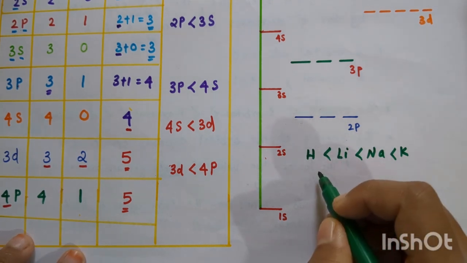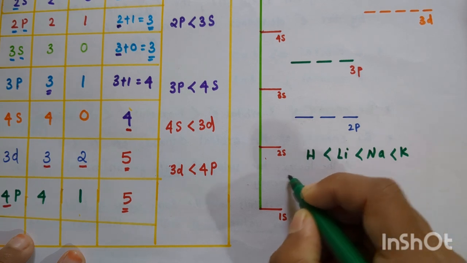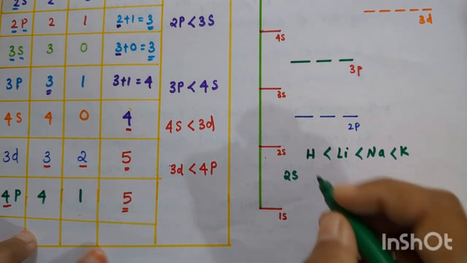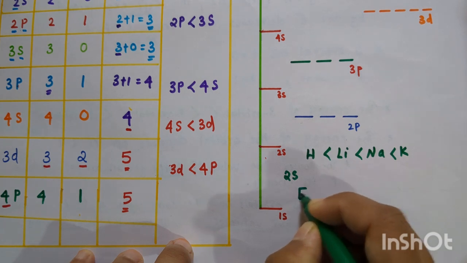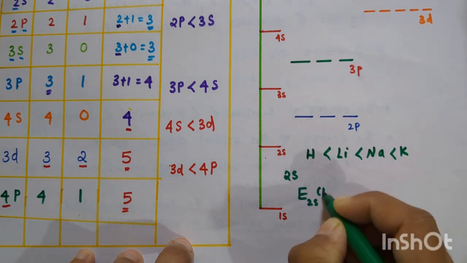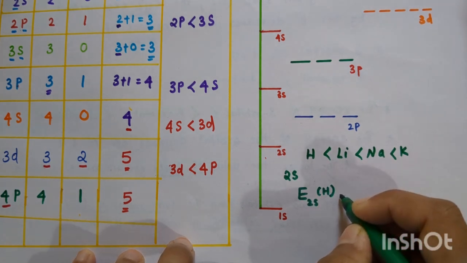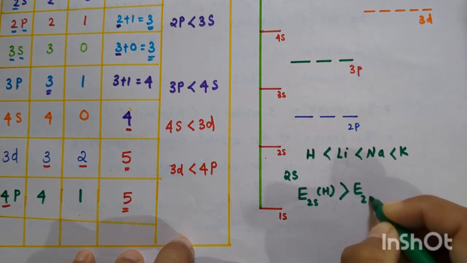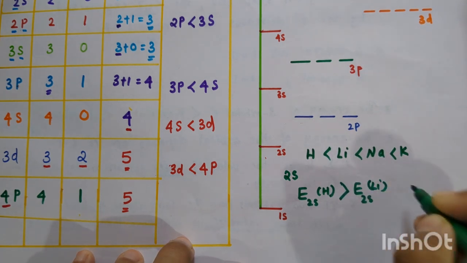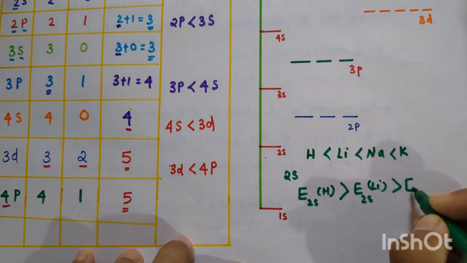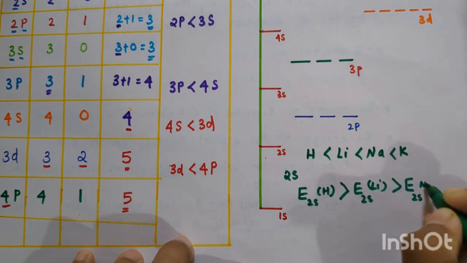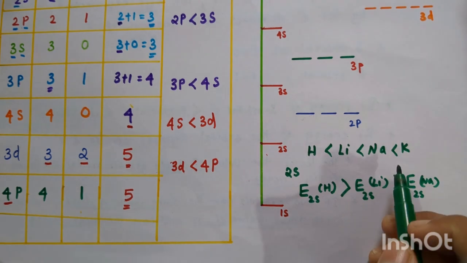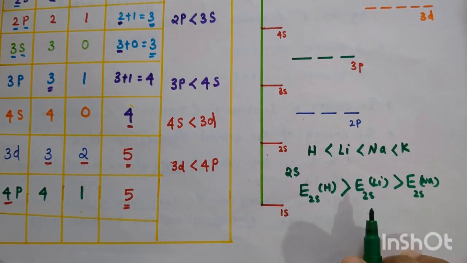Okay, so when you consider the energy of 2s orbital of hydrogen atom, it will be greater than that of the energy of 2s orbital of lithium atom, which will be greater than that of the energy of 2s orbital of sodium atom, and that will be greater than that of the energy of 2s orbital of potassium atom.